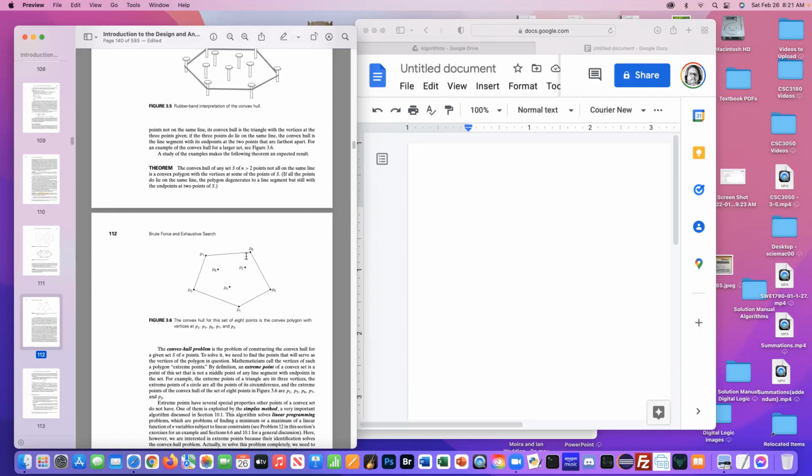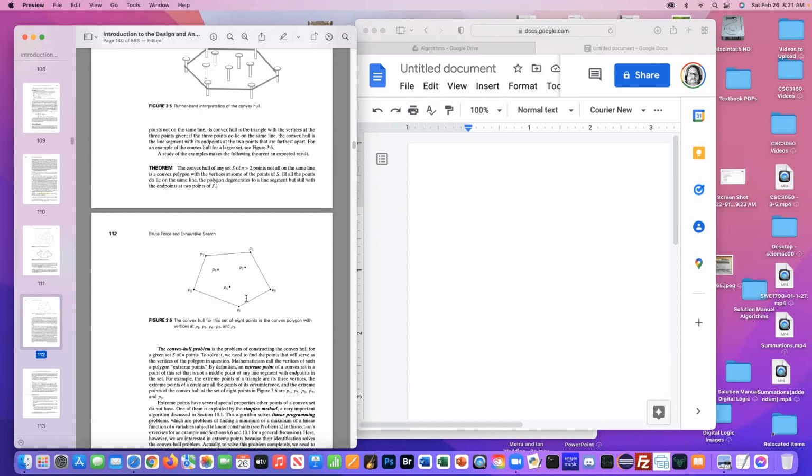It's not. P6 is not. So P7 to P2 is not part of the convex hull. But if you look at P1 through P3, draw a line through that, extend that line, then you see that all of the points are to the same side.